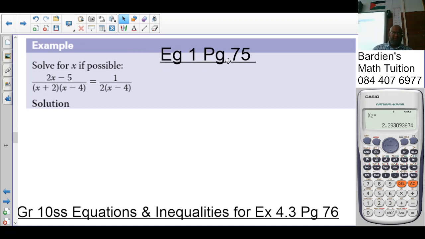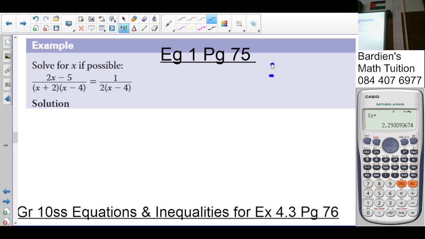Okay. So we start off, we always try and factorize the denominator if possible. If we look at this denominator here, does it need to be factorized? No, the denominator in this case is already factorized. So after factorizing, we can then find the LCM.